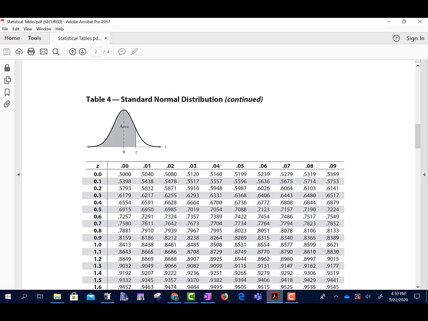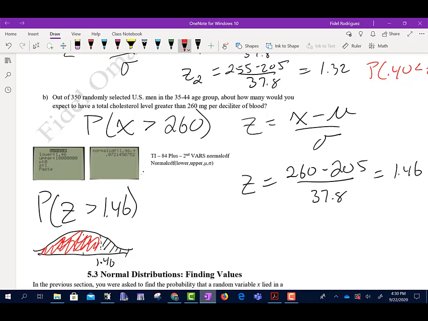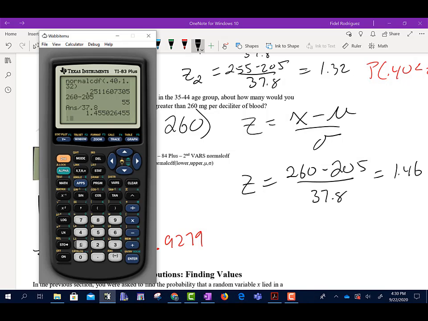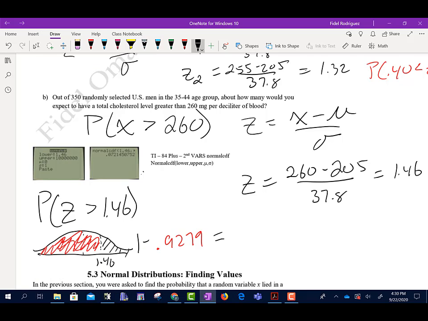So 1.46 is right here, that is 0.9279. To find the area to the right, I have to take 1 minus 0.9279, and I'm coming up with 0.0721. And that's my probability.